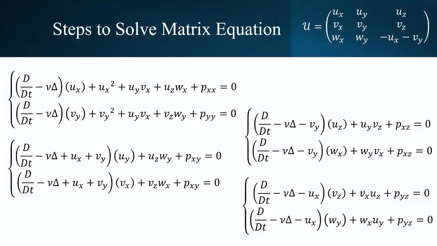And we also have vz and wy, which are these two. We can also get the vorticity transport equation if we subtract these three pairs, because vx minus uy is omega z, and similarly we have here. So if we subtract them, we can get the vorticity transport equation.